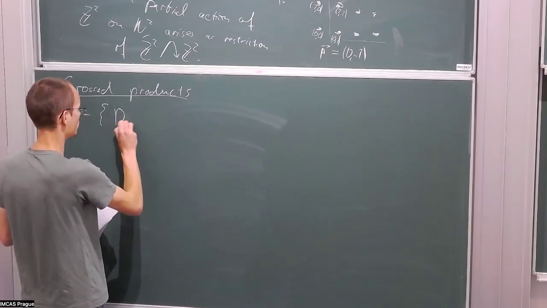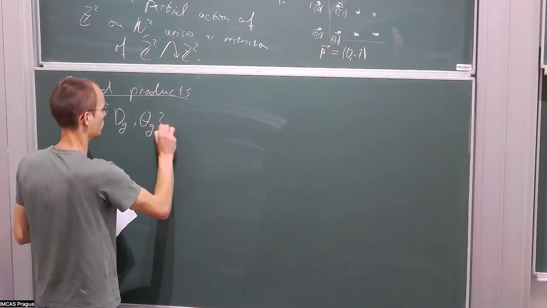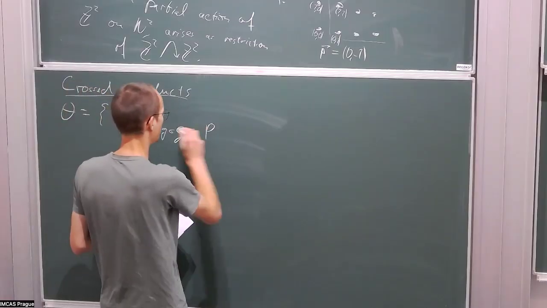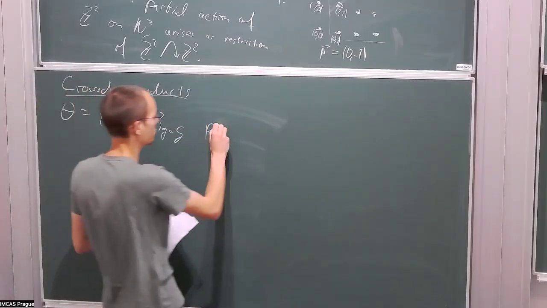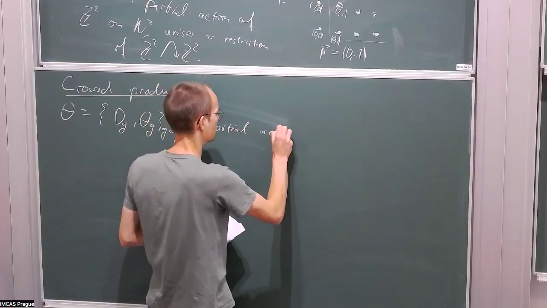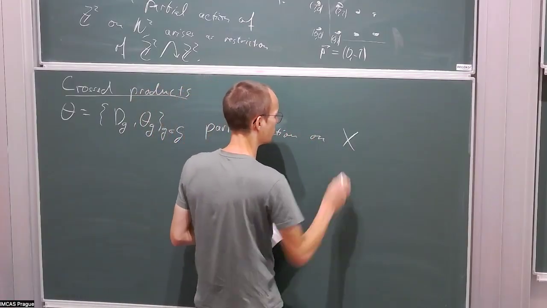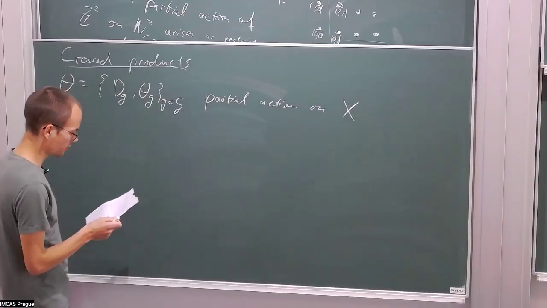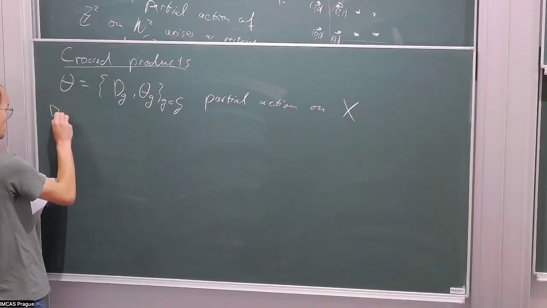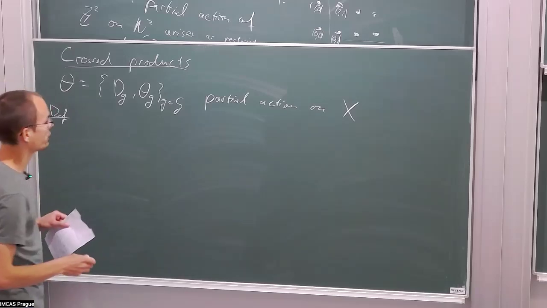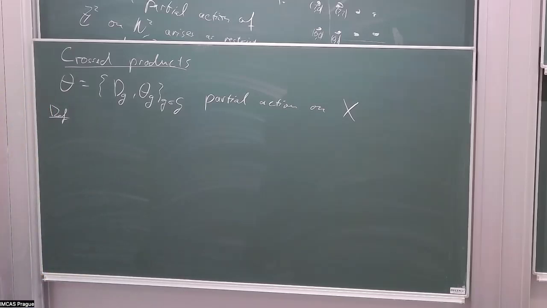Take a partial action, and I will just denote this whole thing by theta, and let's say this acts on X. First we have to define, so okay, the cross product is a C-star algebra that is universal with respect to a certain class of representations of the dynamical system. So I first have to define what's a representation of the dynamical system.